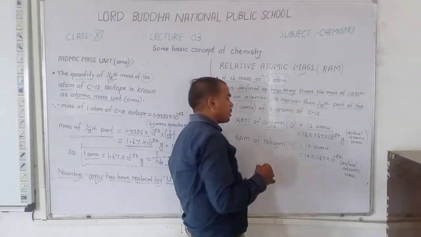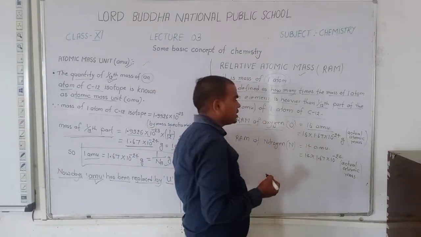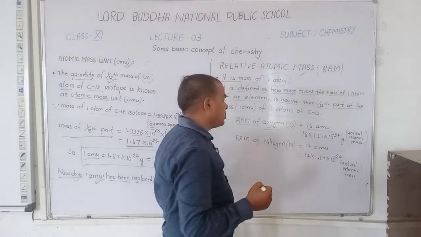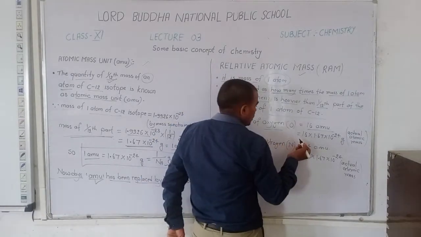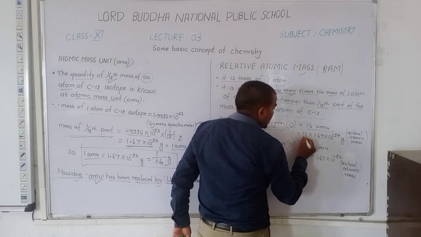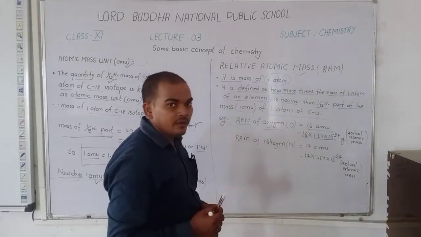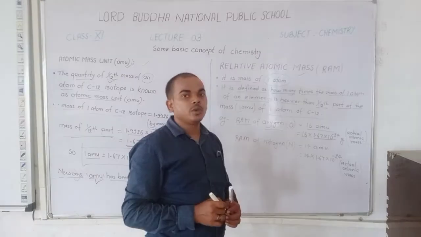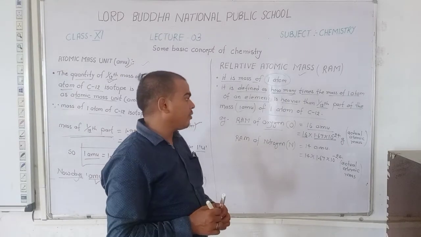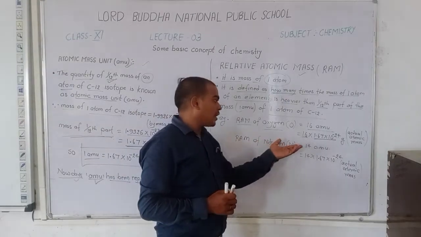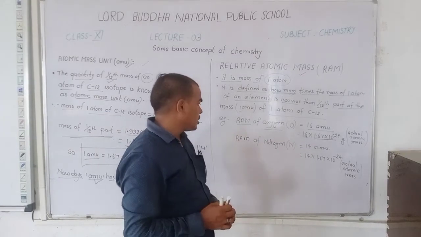But the actual atomic mass is calculated by multiplying the relative mass by 1.67 into 10 power minus 24. Then we find the actual atomic mass.